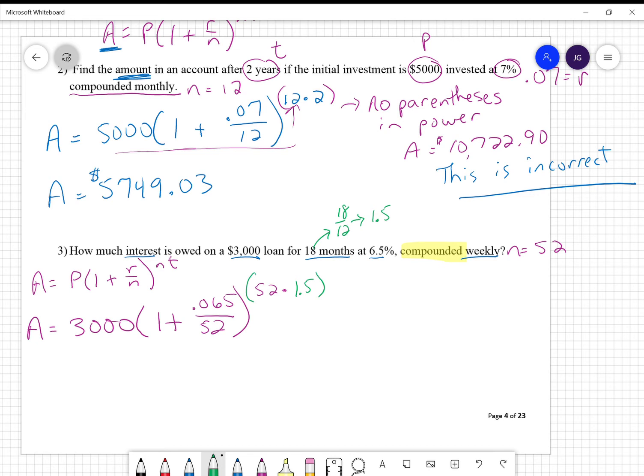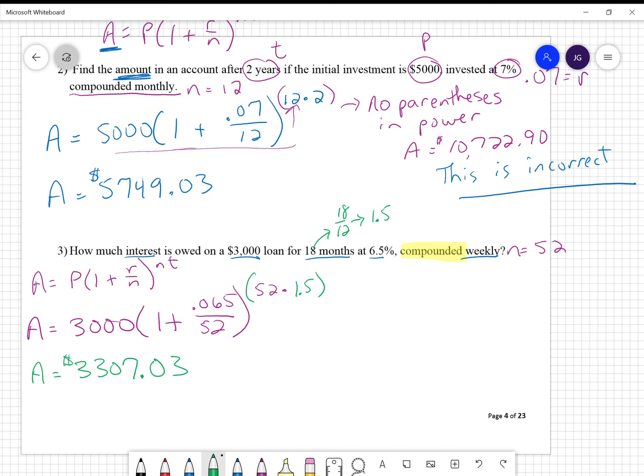Okay, let's see what we get. 3,000 times 1 plus 0.065 divided by 52, parentheses, to the power of, parentheses, see this one I'm not going to do in my head, 52 times 1.5, parentheses. A equals $3,307.03.